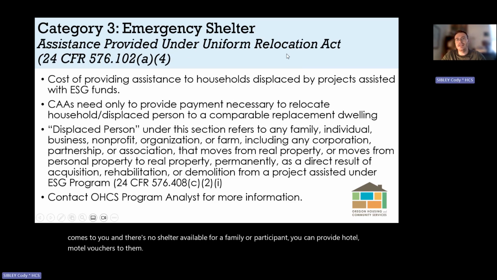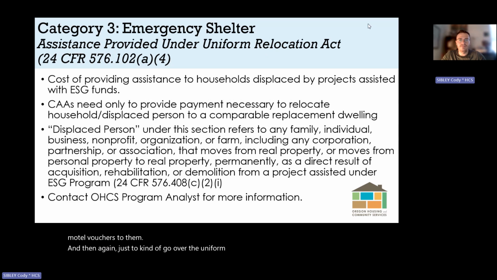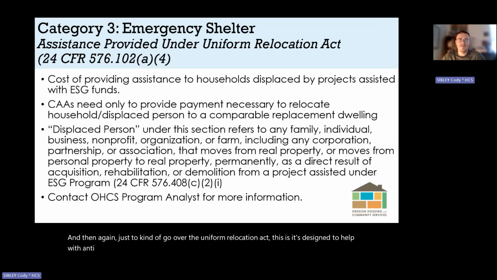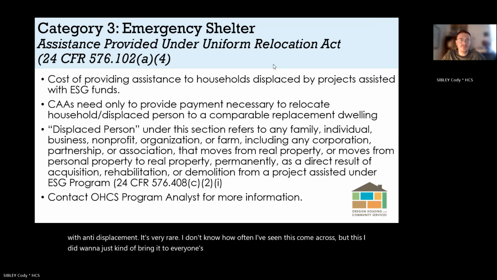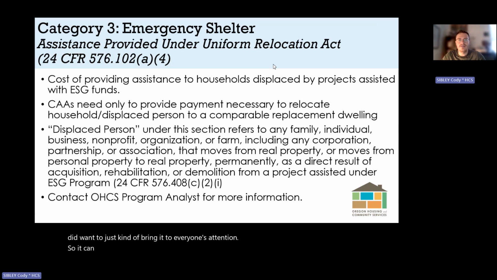And then again, just to kind of go over the Uniform Relocation Act, it's designed to help with anti-displacement. It's very rare. I don't know how often I've seen this come across, but I did want to just kind of bring it to everyone's attention. So it can provide for assistance for people that are displaced.